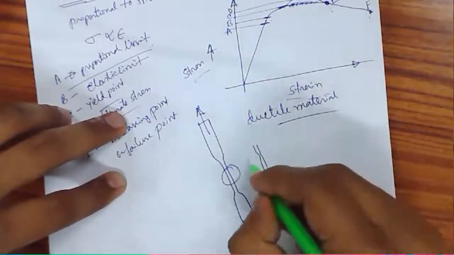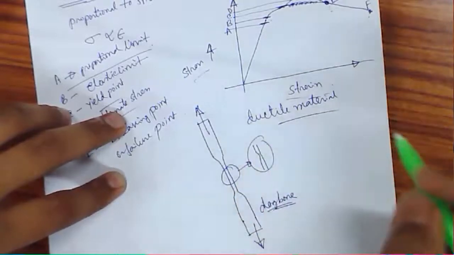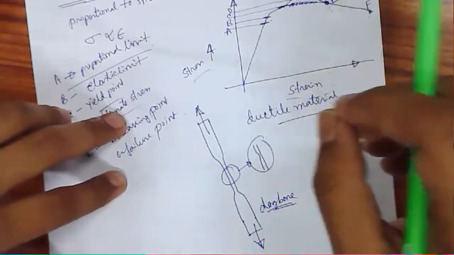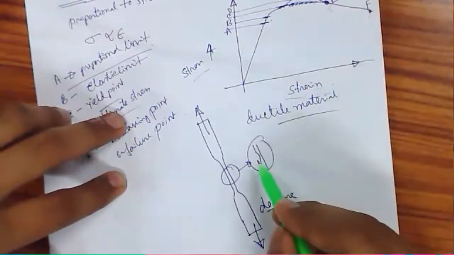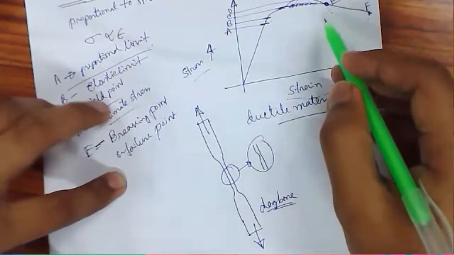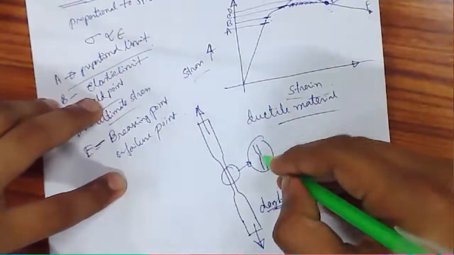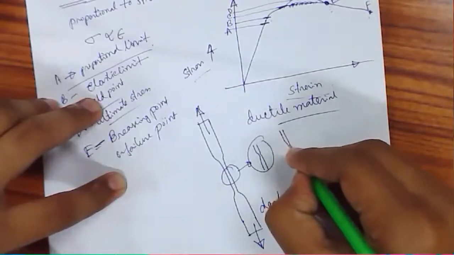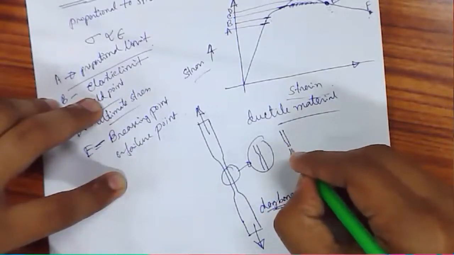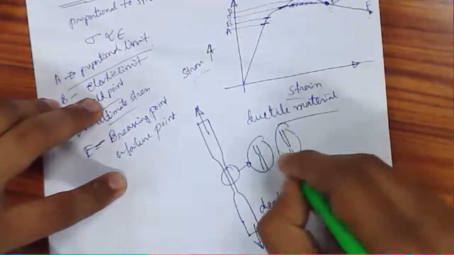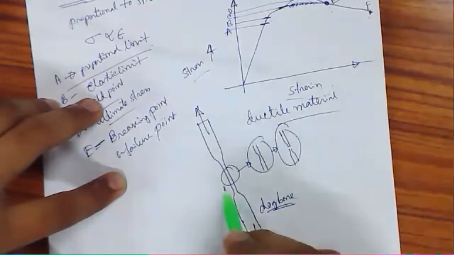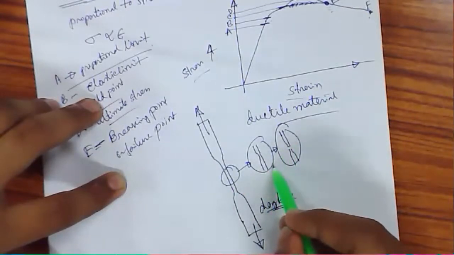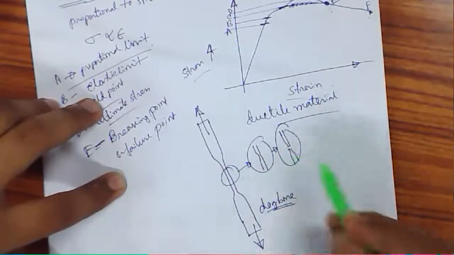Whenever we cross this point D, the object gets elongated, and at this point E, the breaking point, necking starts, and at F point, these two portions break. This portion is elongated here, and after continuing, it breaks.